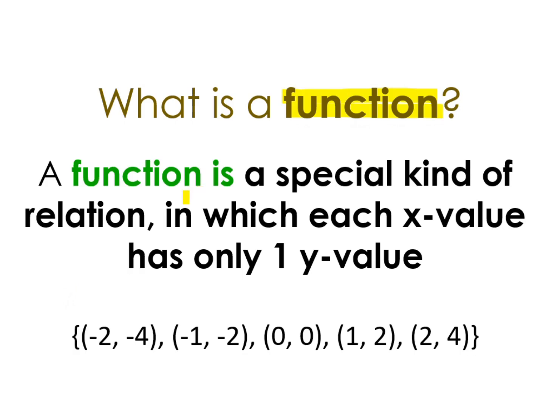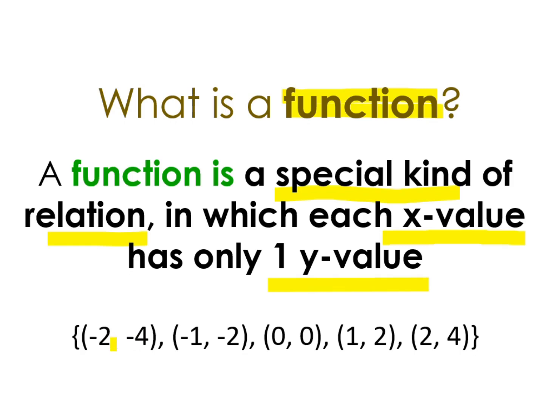A function is a special kind of relation in which for each value of x, you have only one y value. Any set of ordered pairs given to you is just a relation, but for that relation to be a function, for one value of x, you can have only one y value.